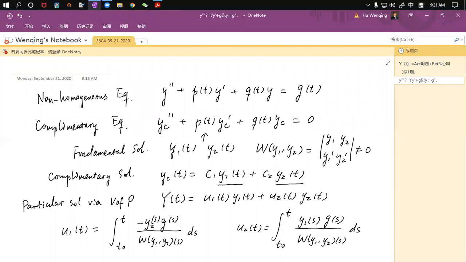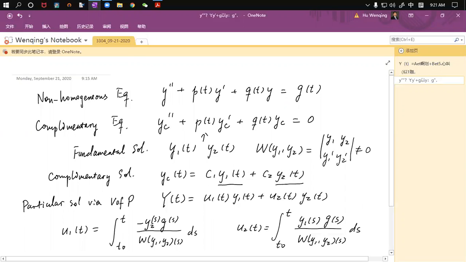Therefore, all the information about the homogeneous equation is the information on the left-hand side of this equation. Remember, a homogeneous equation means that the right-hand side is 0. Everything is about the left-hand side. So all the information for the left-hand side is contained in y1 and y2.